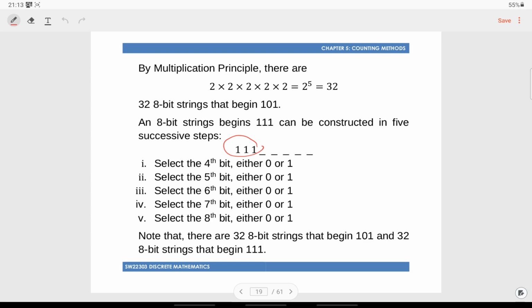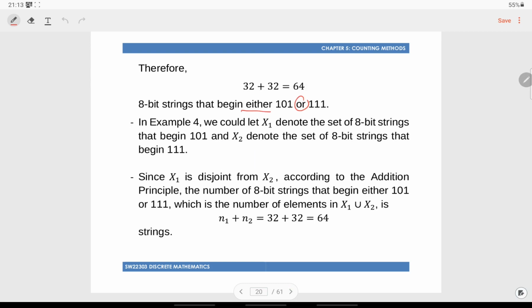So that means we have two separated sets, and these sets are totally disjoint. That is why we can use the addition operation to come up with 64, representing the number of 8-bit strings that can be constructed that begin with either 101 or 111 as the first 3 elements.